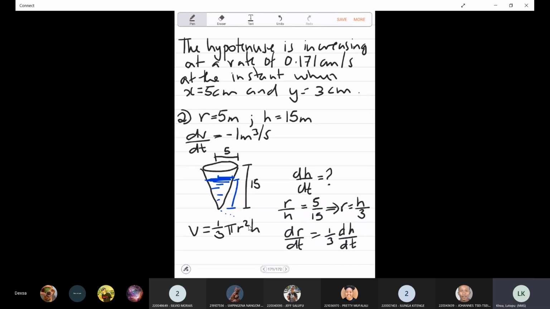Let me just read the question. Okay, the depth is 3, so we use this formula R/H is equal to 5/15 to work out what R is.